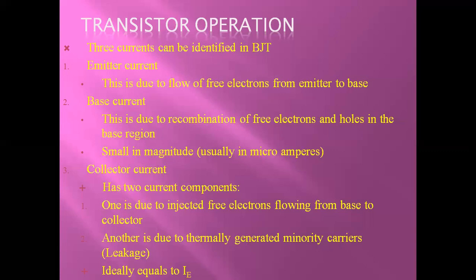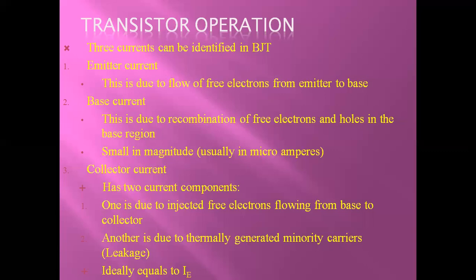After drifting, they have some thermal capability because of their velocity from the emitter, ideally equal to IE. So these form the collector current.